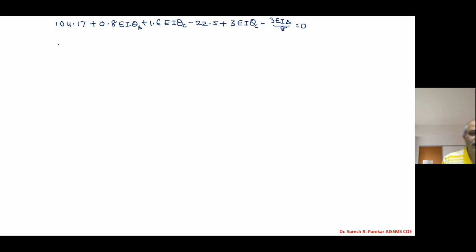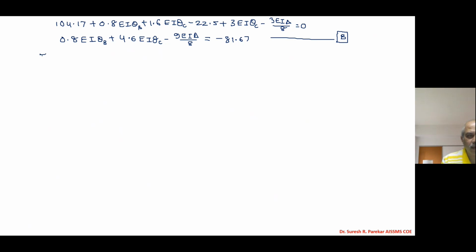And if we solve this, then we have 0.8 EI theta B plus 4.6 EI theta C minus 9 EI delta by 8 equal to minus 81.67. So this is equation B.